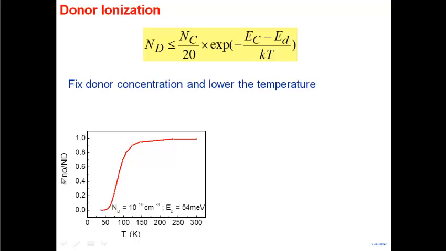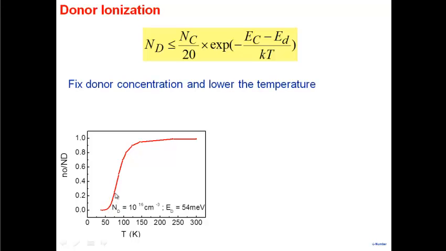Can you see that? N0 is Nd plus, so Nd plus divided by Nd as a function of temperature. See what happens? At 10 to the power 16, room temperature, all are ionized, they remain ionized. Then as you keep on lowering, it starts dropping and eventually becomes very, very small here.